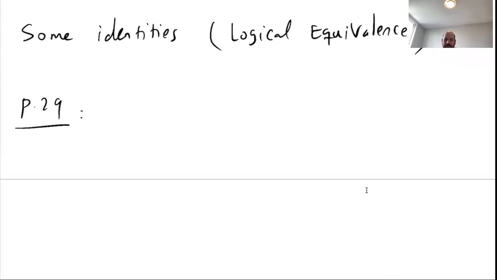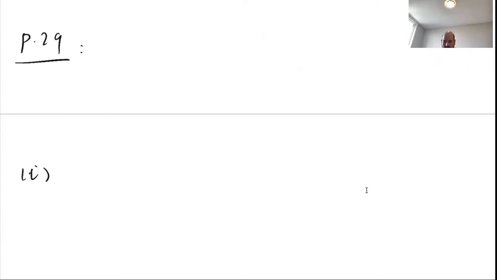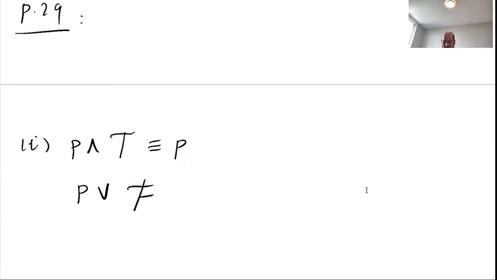So for example, P conjunction tautology is logically equivalent with P. P disjunction contradiction is logically equivalent with P. These are called identity laws.